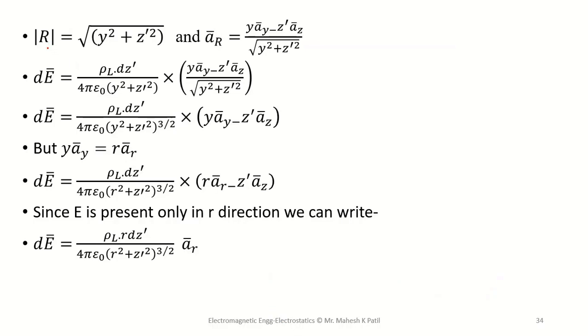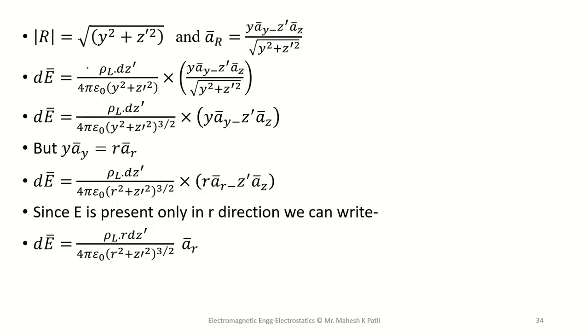First we'll calculate the vector R, or the magnitude of that vector R. It is equal to square root of y minus 0 square plus 0 minus z dash bracket square. It will simplify as square root of y square plus z dash square, and the unit vector will be y a y bar minus z dash a z bar upon square root of y square plus z dash square.